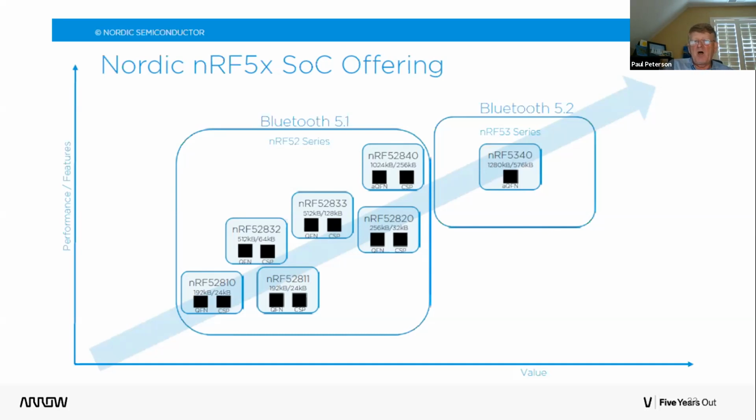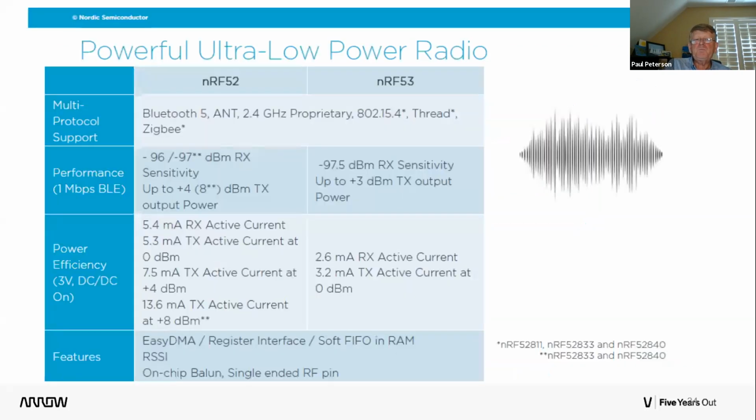They've had an offering for, I would say, probably 2 to 3 years now, what we call the nRF52 series. And they have released their nRF53 series, which supports Bluetooth 5.2. What's unique about Nordic is they also support many other protocols as well. Not only do they support Bluetooth 5, they also have other protocols like 802.15.4, which is an IEEE standard.